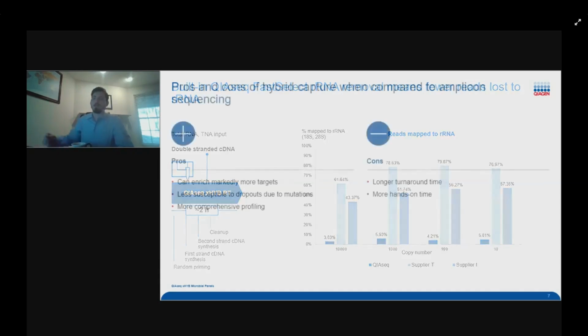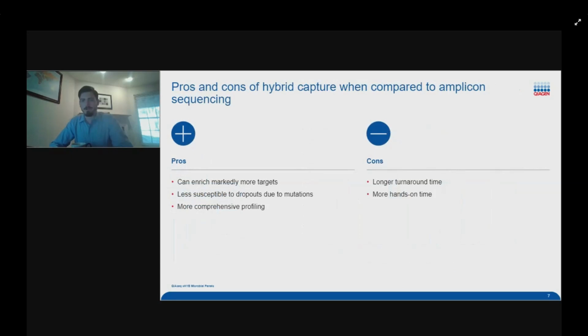Now, if you're familiar with QIAseq NGS products, you may know that pretty much everything that we currently offer is amplicon based, except for our exome kit, which is also hybrid capture based. And so, there's a handful of reasons that we are expanding to use hybrid capture technology for this product. Hybrid capture is a lot better if you're trying to enrich for many targets at once.